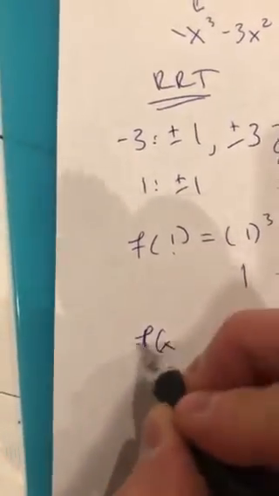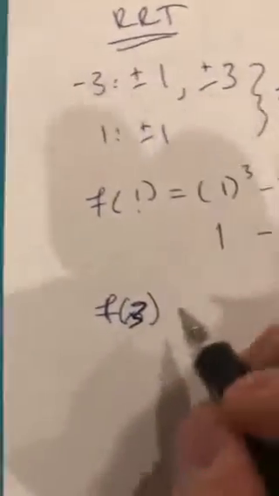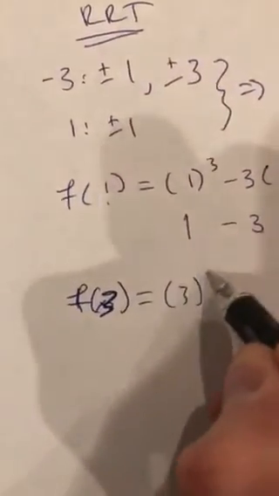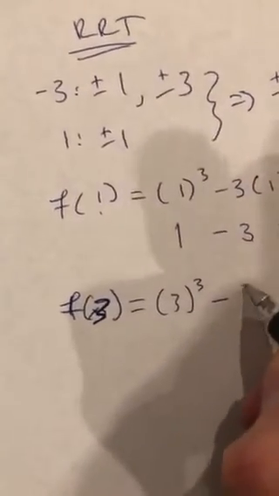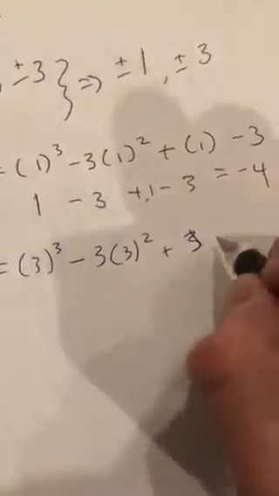Let's try our other positive root, 3. So we're going to do f of 3. I've got 3 to the third power minus 3 times 3 squared plus 3 minus 3.